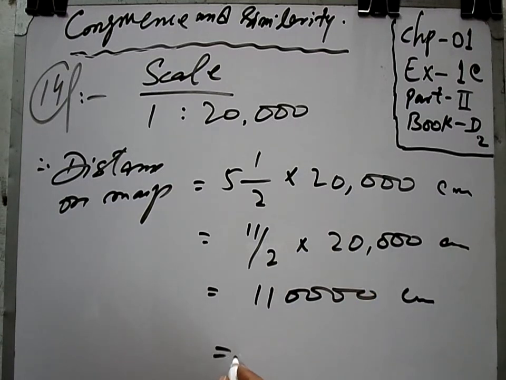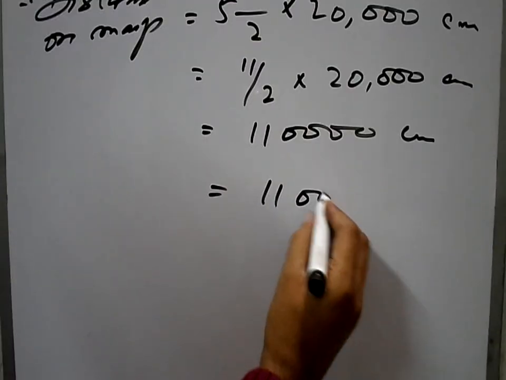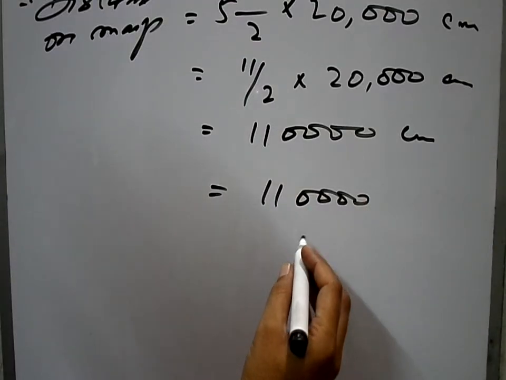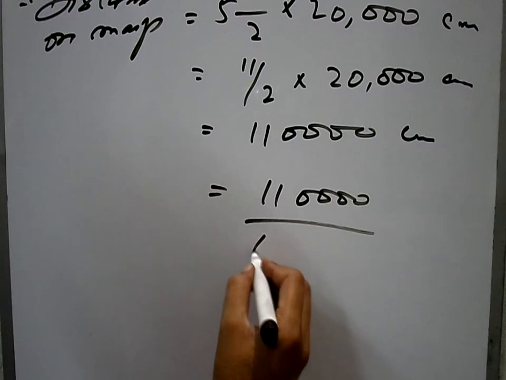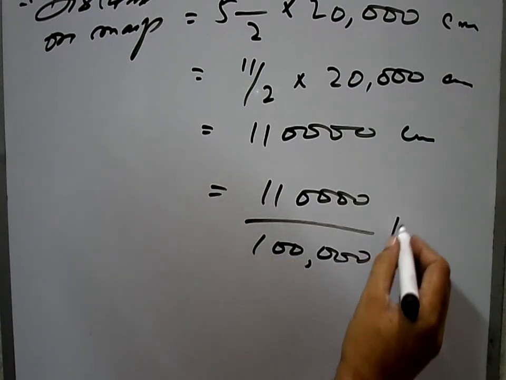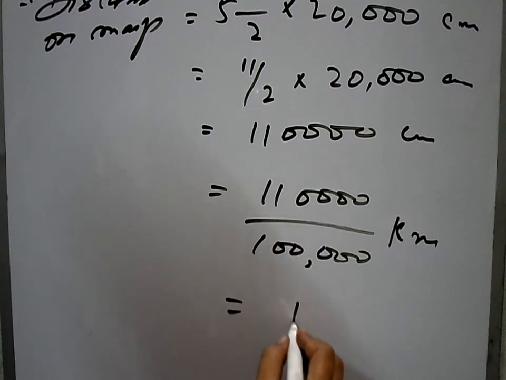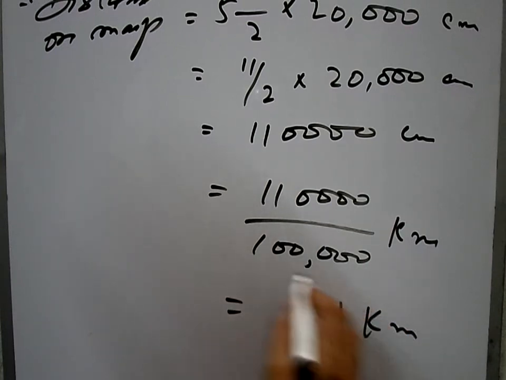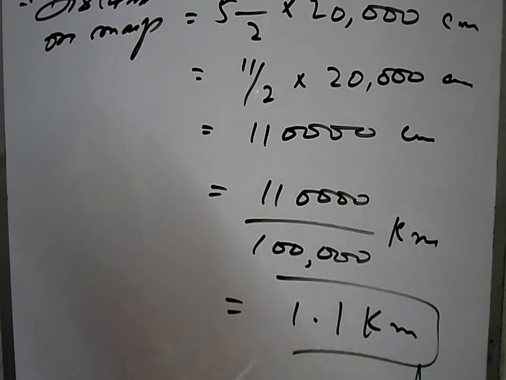Then you have to convert into kilometers, so divide by 100,000. So the result is 1.1 kilometers. So that is your answer.